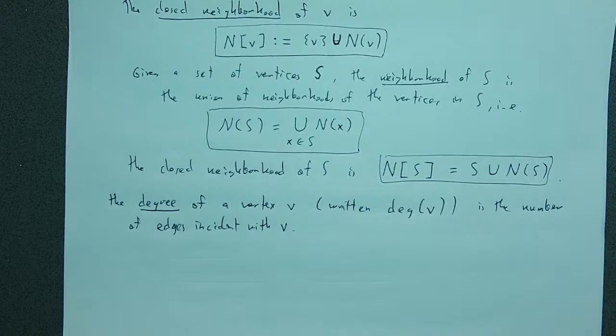So the degree of a vertex is the number of edges incident with v, or incident with that vertex. Since we're talking about simple graphs here, so we don't have loops or multi-edges or anything like that, this is just the cardinality of the open neighborhood of v, right?